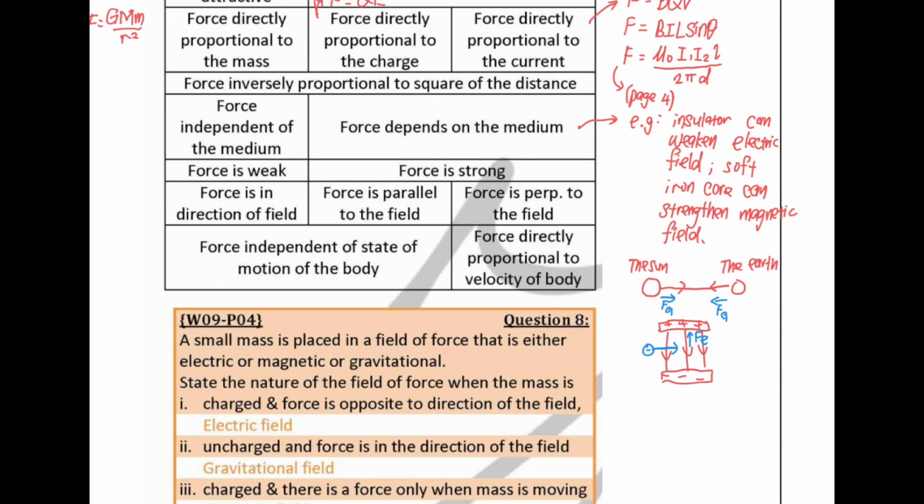Whereas for the magnetic field, force is perpendicular to the field.